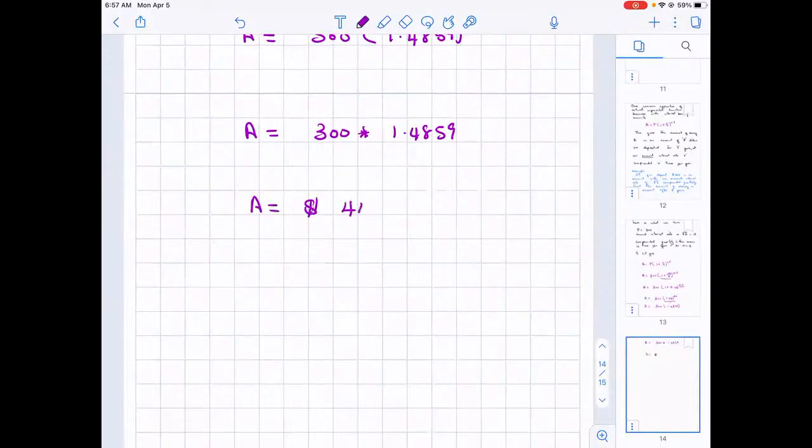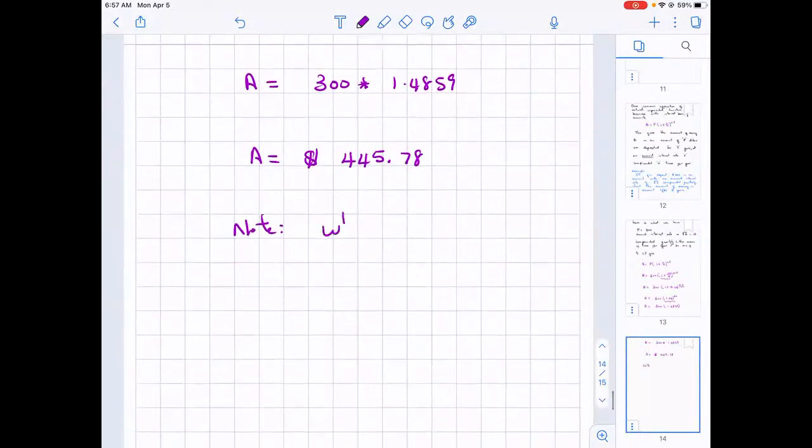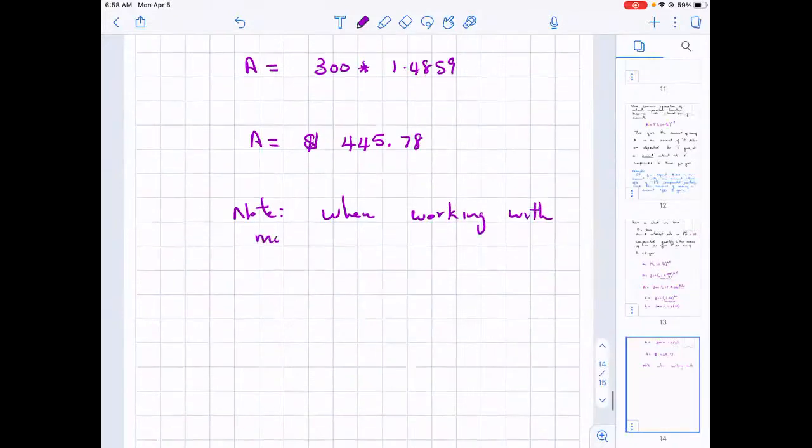So we have 445.78. Okay, so note, when working with money, we will round to 2 decimal places. Okay, 2 decimal place value.